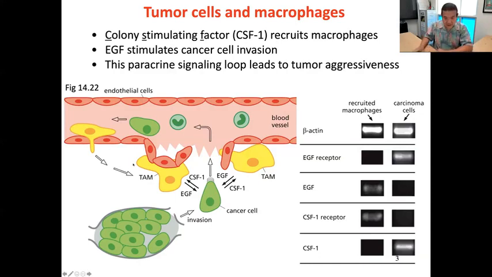So let's look here in this cartoon. As this green invasive carcinoma breaks free through the basement membrane and enters the stroma, it has stumbled upon mutations that are causing it to express CSF1, colony stimulating factor. What does that do? That tends to encourage more macrophages to come and associate with this cancer cell. So here you have macrophages that were already in the tissue.